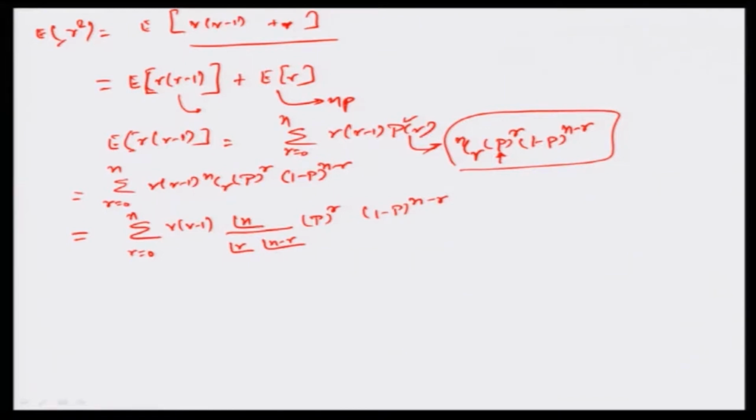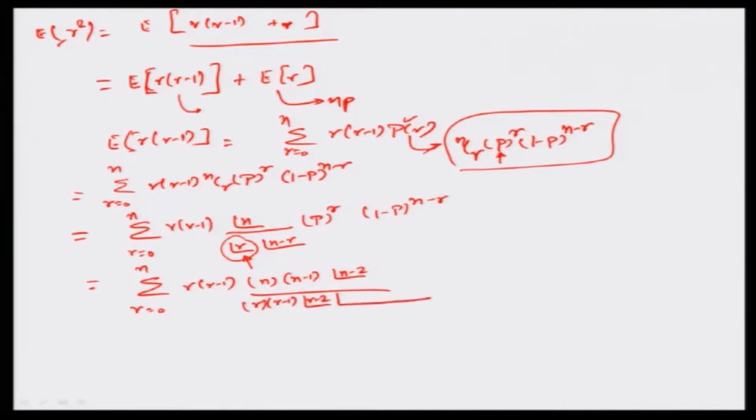We basically try to remove the r and r minus 1 terms from this r factorial. So, let me write it down in an appropriate manner as sigma r varying between 0 and n r times r minus 1 times, let us write, n times n minus 1 times n minus 2 factorial, times r times r minus 1 times r minus 2 factorial, and this we can write down as n minus 2 minus r minus 2.